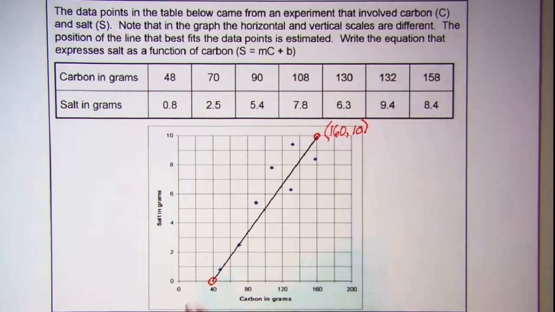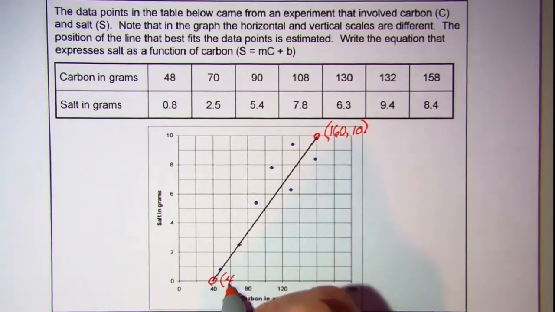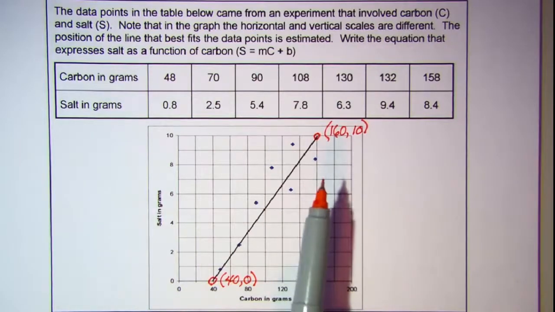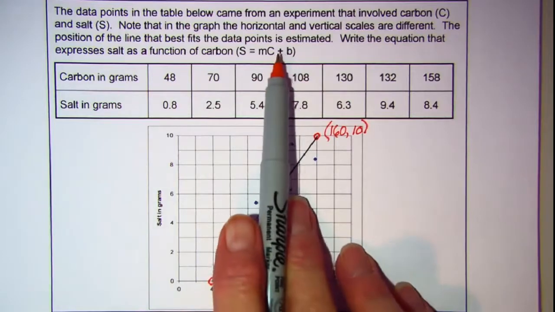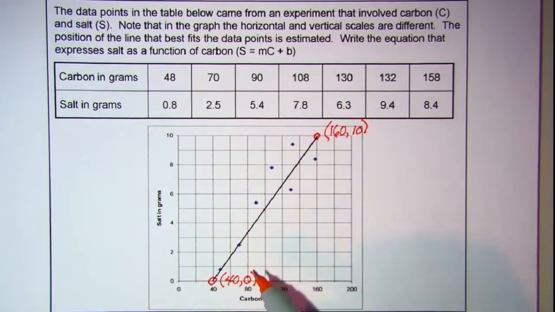This point has an x coordinate of 40 and a y coordinate of 0. Now notice I'm calling them x and y coordinates. We pick the points and we treat this as a mathematics problem. And then not until the very last step, step 3, do we worry about the fact that it's carbon and salt. Okay, so we're just going to be doing this as a regular math problem.